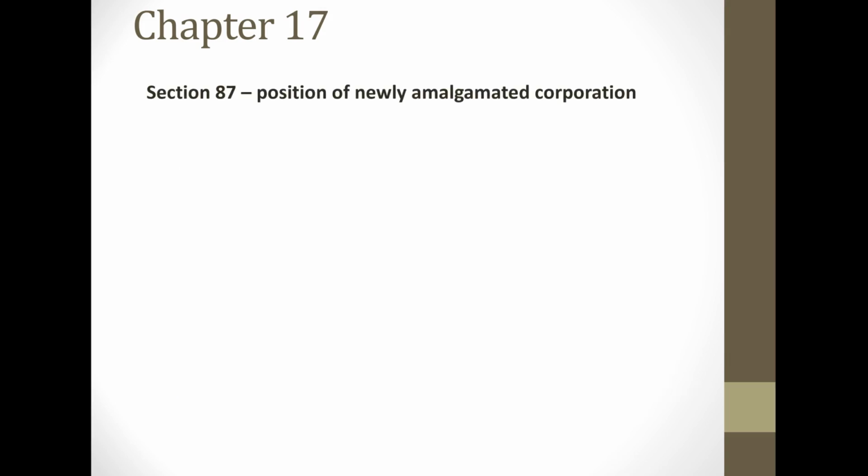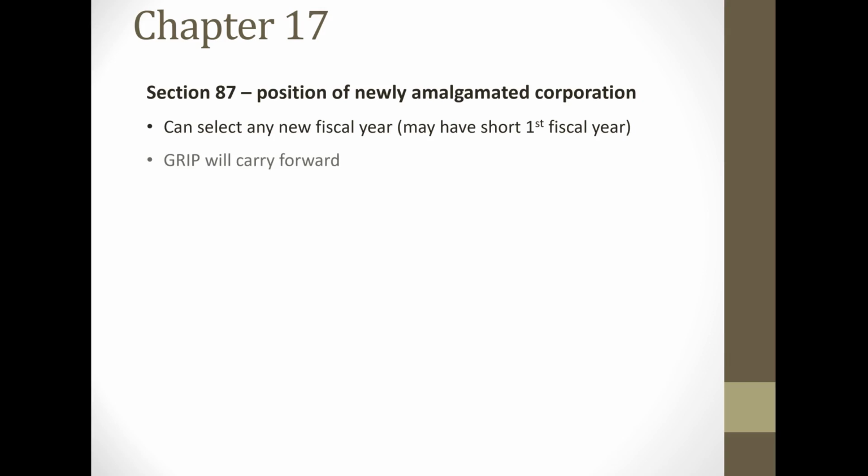The newly amalgamated corporation that is formed can select any new fiscal year. The fiscal year will start at the time of the amalgamation, and they can select any fiscal year end, so it could have a short first fiscal year. Any GRIP, the general rate income pool, will carry forward to the new corporation.